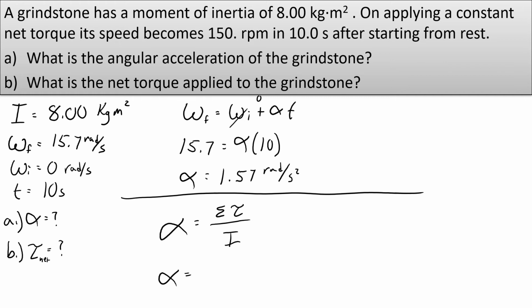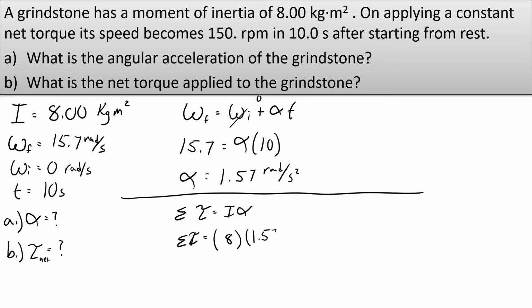Or you could use the other formula. I typically like to use the version that's already solved for what we're looking for. So the net torque is equal to I alpha, okay? The net torque is equal to 8 times 1.57.